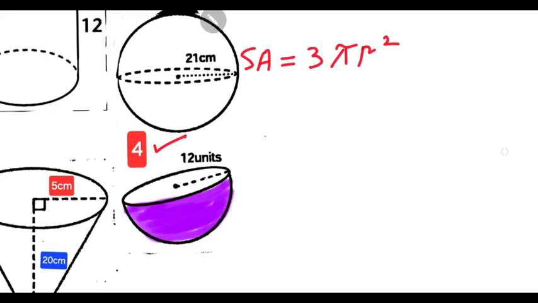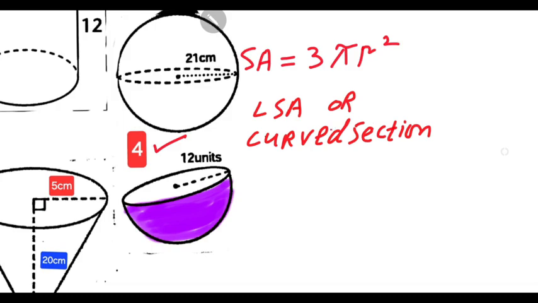So this is the curved section, lateral surface area. That will be always 2 pi r square. The lateral surface area, or curved section, same thing, will be 2 pi r square.